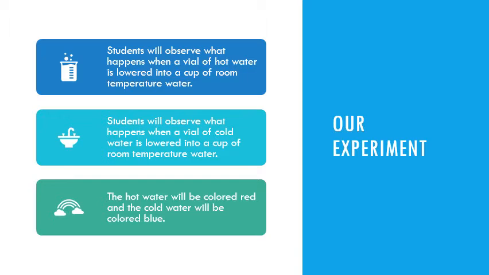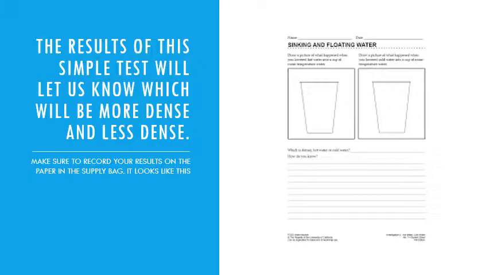The hot water will be colored red, and the cold water will be colored blue. The results of this simple test will let us know which will be more dense or less dense.